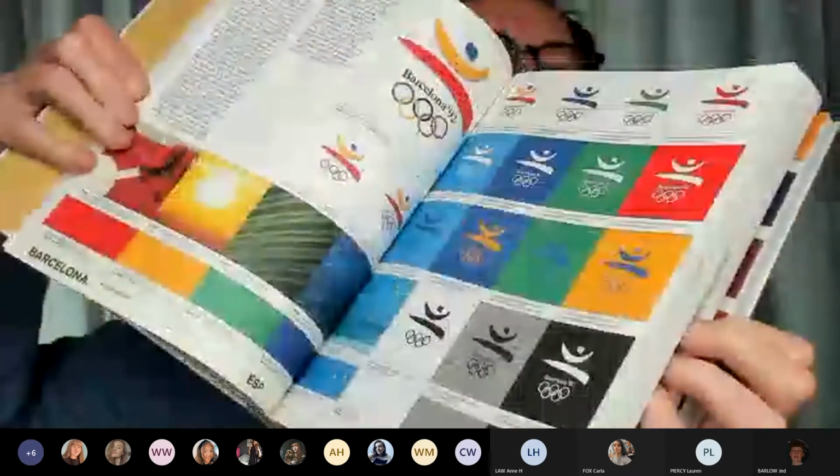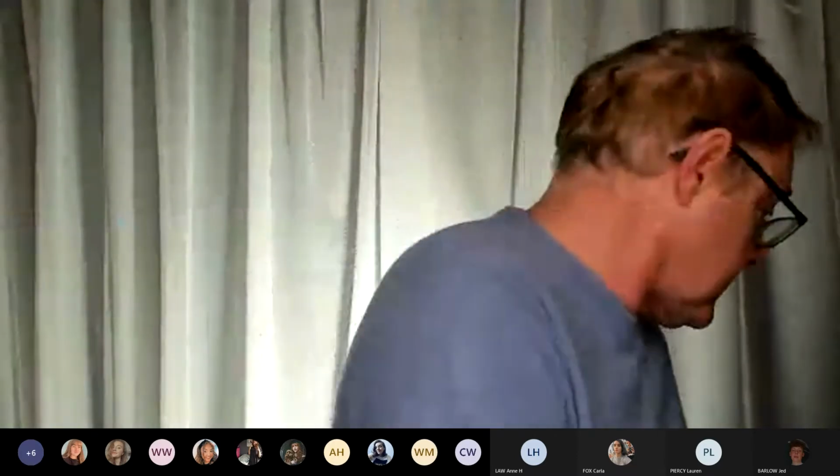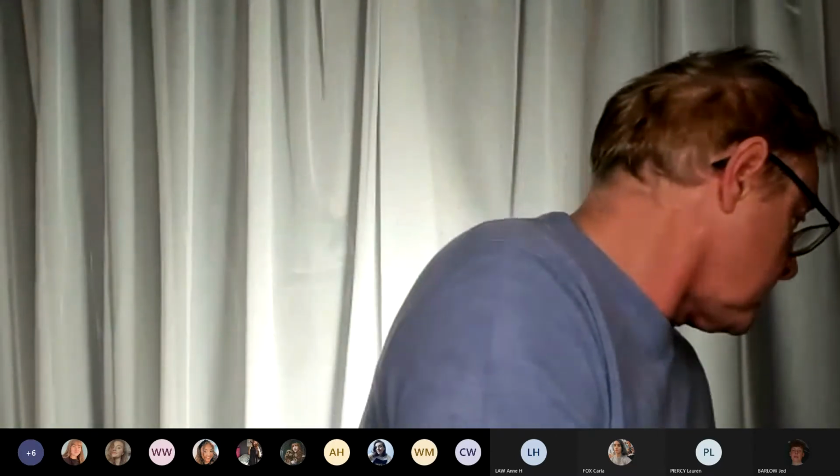Inside this book is just a fountain of knowledge and reference. More information about the Olympics than I could ever find online. So it is possible that a good book, especially one most recently in print, hasn't been fully digitized and made available on the internet.